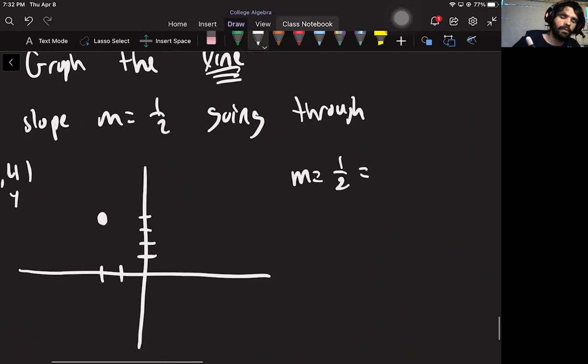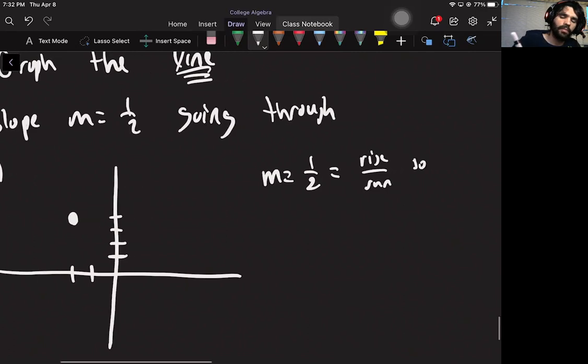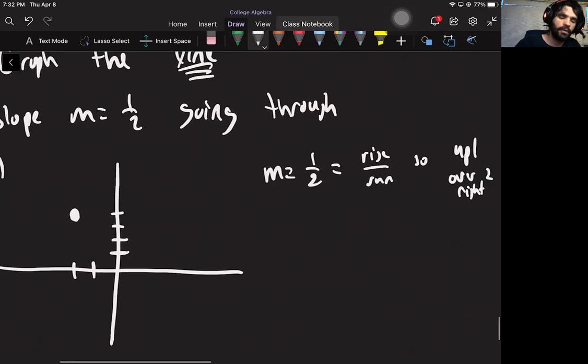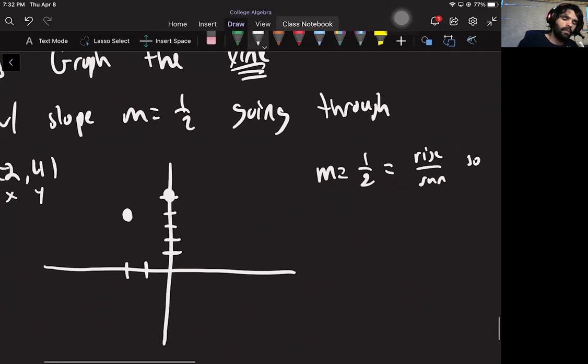So that means I'm going to go, if I think about it as rise over run, up 1 and over to the right 2 from my point to get to another point on the function. So I go up 1 to 5 and to the right 2 to 0 to get me there. So let's label these -2, 4.